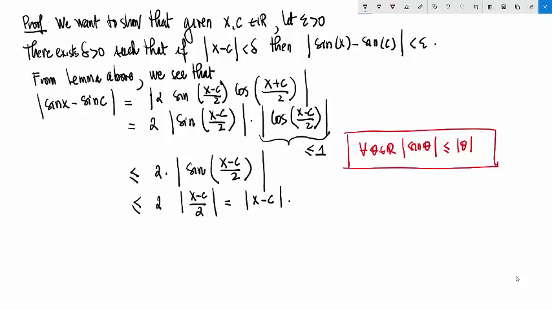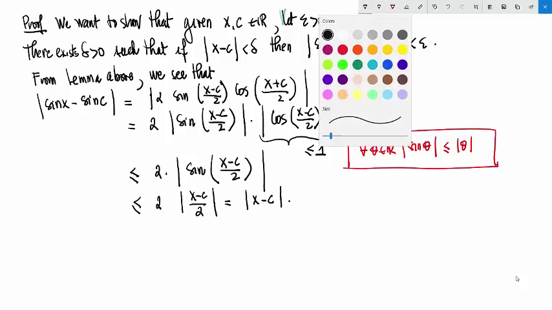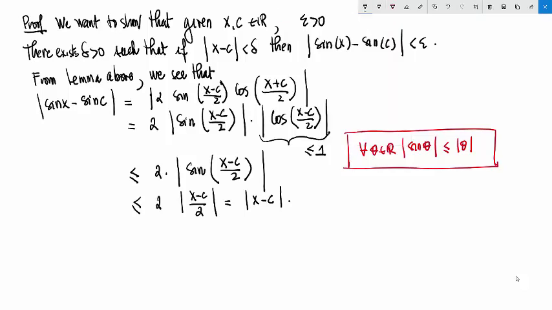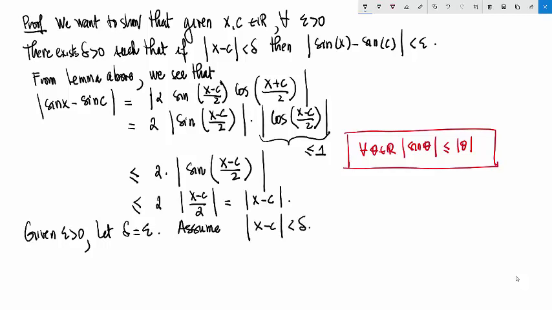All right, so now I would like to replace this with for every epsilon. Now, given epsilon which is greater than 0, let delta be equal to epsilon, and assume that the distance between x and c is less than delta.